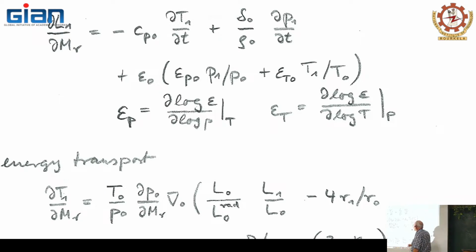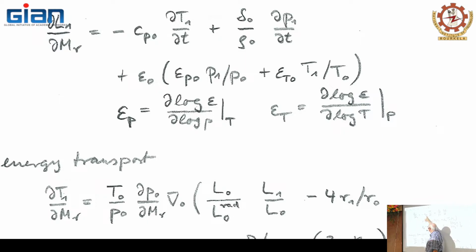So this gives minus Cp, the specific heat in the hydrostatic model, times the time derivative of the temperature perturbation, plus delta naught over rho naught, quantities in the hydrostatic model, times dp1 by dt.